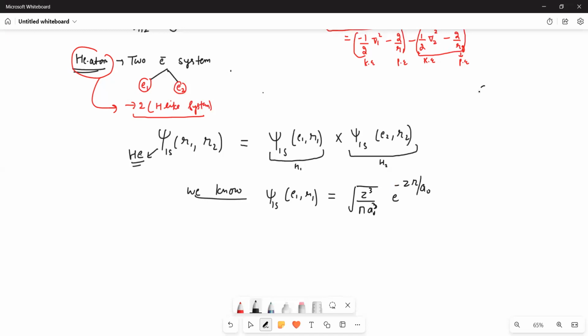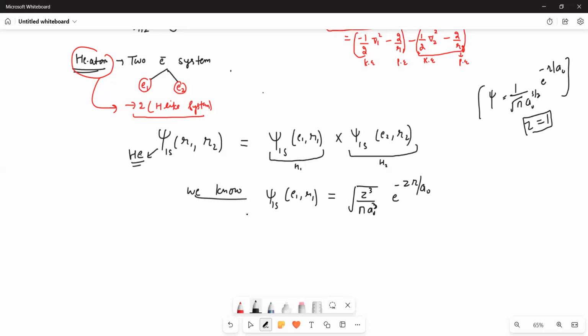The wave function you wrote earlier in the hydrogen derivation was 1 upon under root pi a naught cube, to the power 3/2, e raised to power minus r by a naught. That is what you wrote, right? Because for hydrogen z equals 1, that's why we have not written z. But for the helium atom we have to mention z here. The actual formula is this.